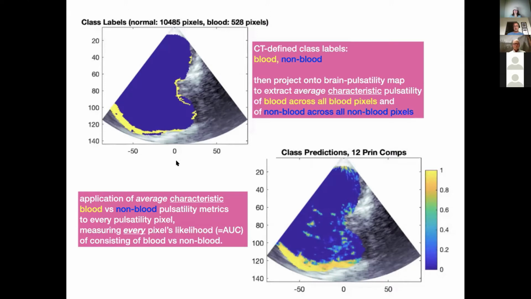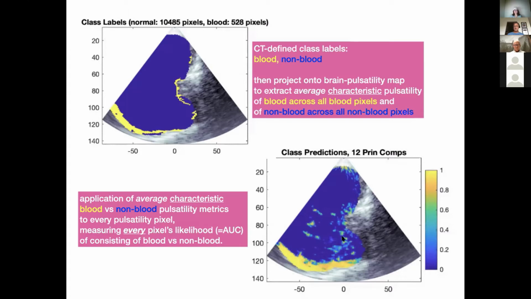So upper left is what the CT would say is blood in this retrospective analysis. Lower right is what our algorithm would say, pixel by pixel, is blood and isn't blood. So in this case, we have a subdural bleed, I believe, and we pick out that bleed very nicely.